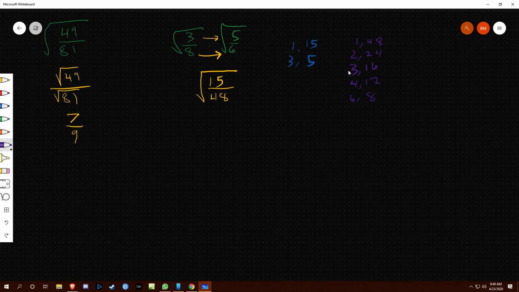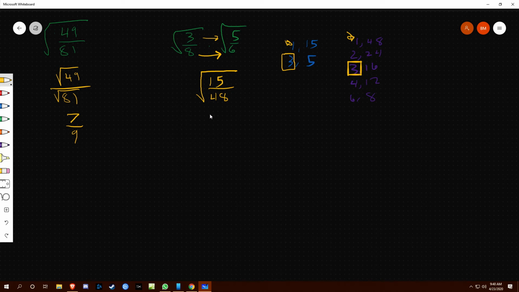Cool. So I'm going through here and I'm looking, do I have any factors that overlap? Well, I have a 3. I also have a 1, but this 1 doesn't really count. I mean, it counts, but we can't use it for anything, so we kind of ignore it. But we have 3 in both of them.